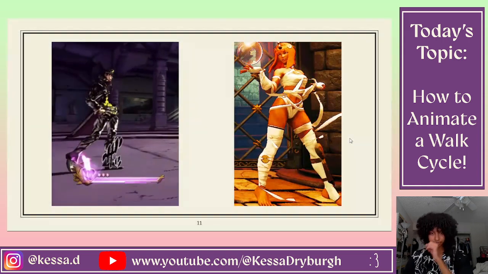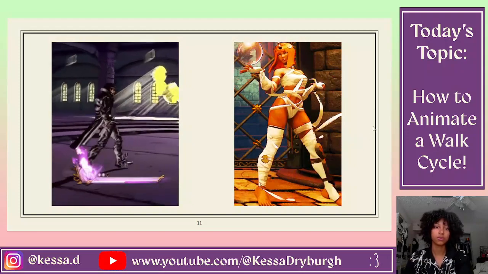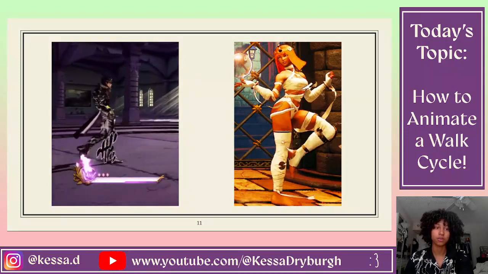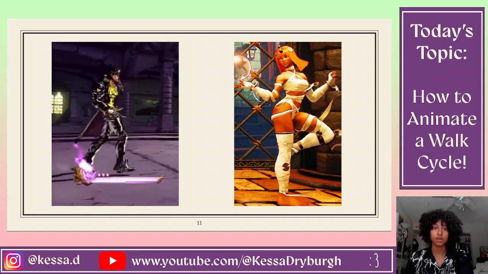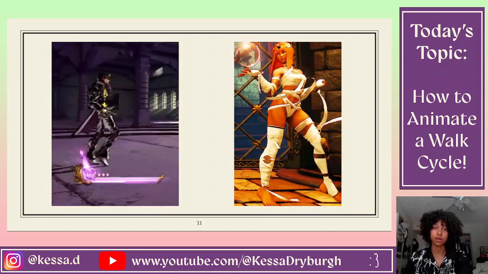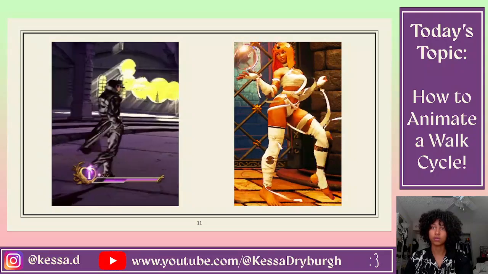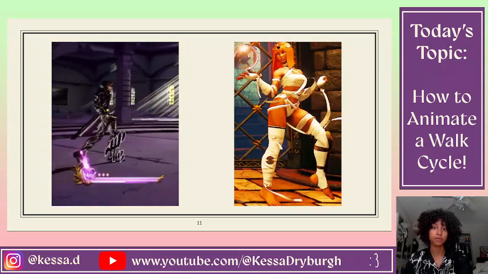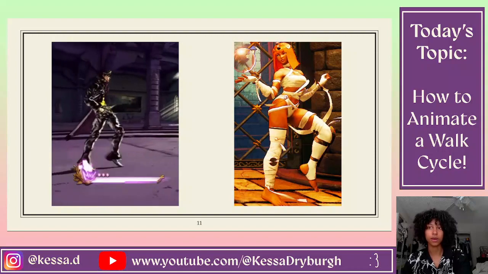So, excuse me, as we return back to our two main characters, hopefully you can see now that there are a lot of different things that these animators chose in order to communicate hypermasculinity on the left and hyperfemininity on the right.